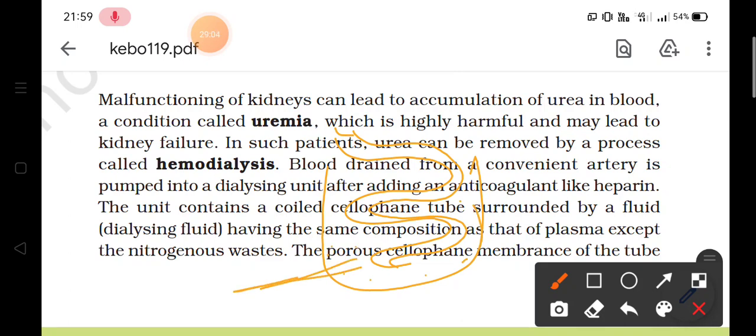This fluid has the same composition as the blood passing through the cellophane tube, but there is one difference: the nitrogenous waste is present in the blood flowing through the tube, whereas this fluid is free of nitrogenous waste. So what will happen? This nitrogenous waste, because of its high concentration in the blood, will come out into this fluid, and in this way the blood is free from the nitrogenous waste.